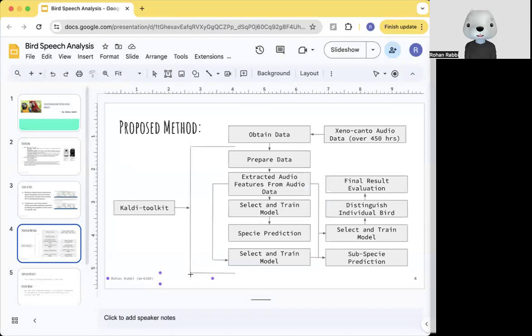To solve our problem statement, we proposed a method that utilizes the Kaldi Toolkit and the VoxCeleb recipe, basically a speaker recognition recipe. First, we obtain data from Zenodo, over 450 hours of audio data.